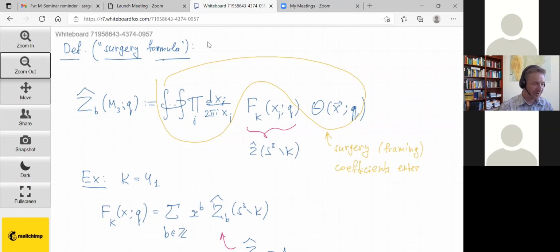So the next statement I want to make is to rephrase what we had before in this language.